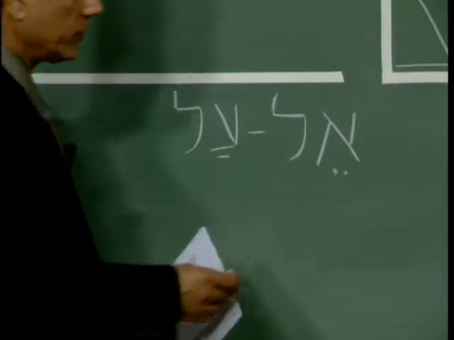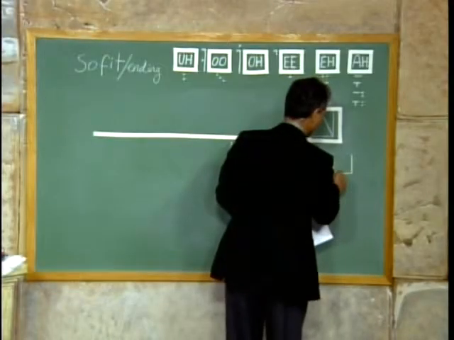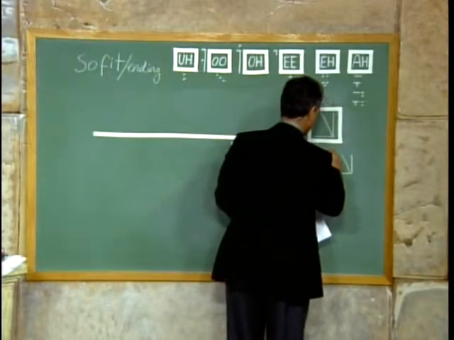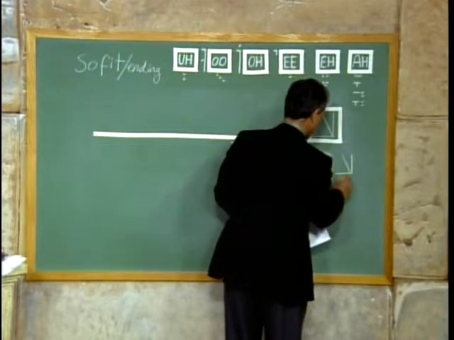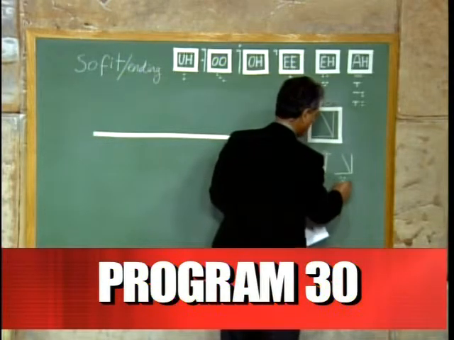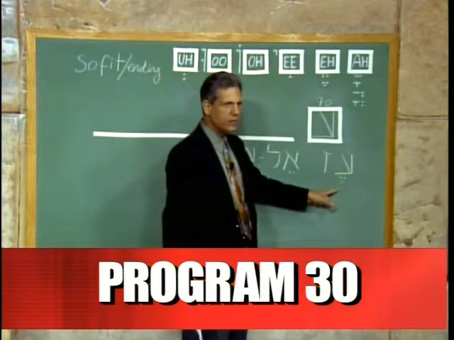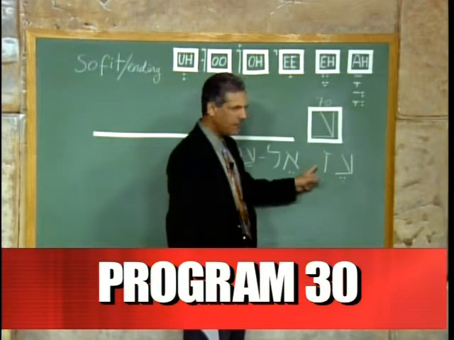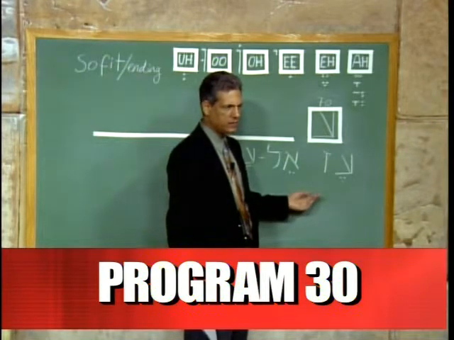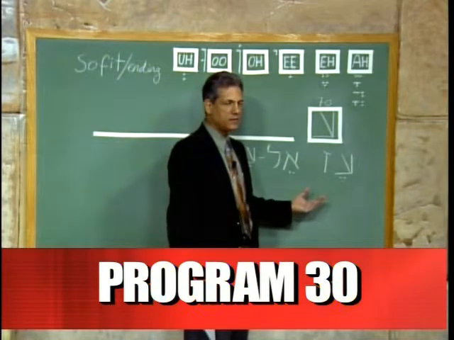Here is a short word. We have an Ayin with an A sound, A, and a Zayin, Ez. Ez is a goat.